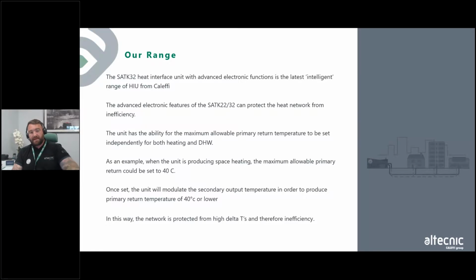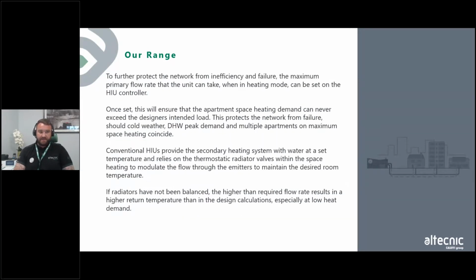So if we want to allow the maximum going back to the network to be 40 degrees, the unit will modulate secondary output temperature in order to produce a primary return temperature of 40 degrees or lower. So we have protection there for the network itself. It's a very good function to make sure that the network is balanced correctly, and it protects it from high delta T, so we're not just circulating hot water around, therefore damaging the efficiency of the system itself.